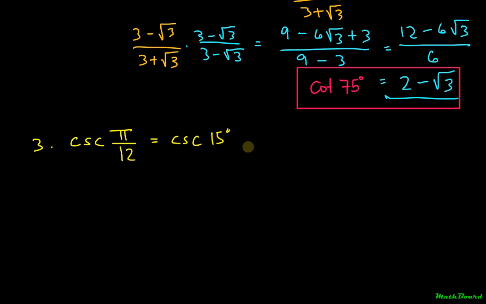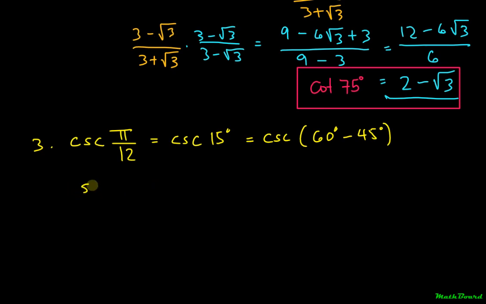And we know that 15 degrees can be expressed as 45 minus 30 or 60 minus 45. This time, let's use 60 degrees minus 45 degrees. Since cosecant is the reciprocal of sine, we can use 1 over sine, right?